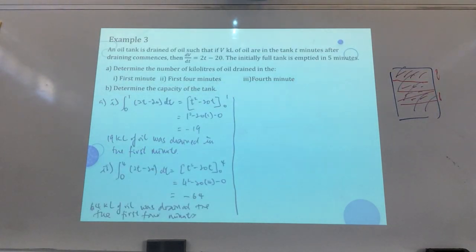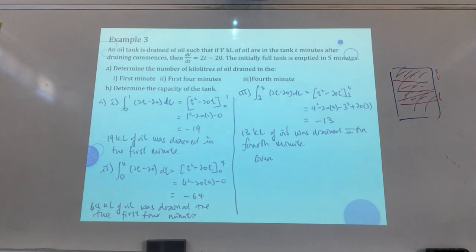So part A2 is 64 kiloliters drained out of the tank in the first 4 minutes. And then finally, the fourth minute is 3 to 4, and it's minus 13. So in the fourth minute, 13 kiloliters of oil drained.